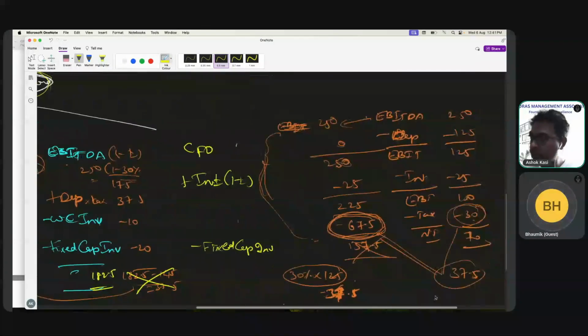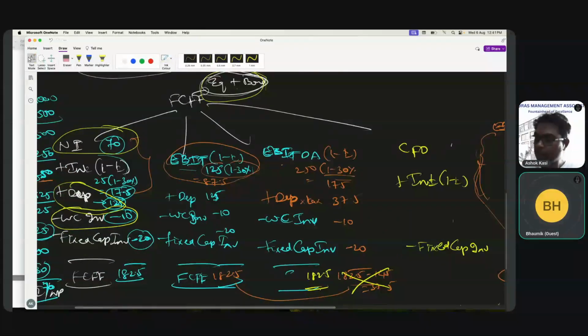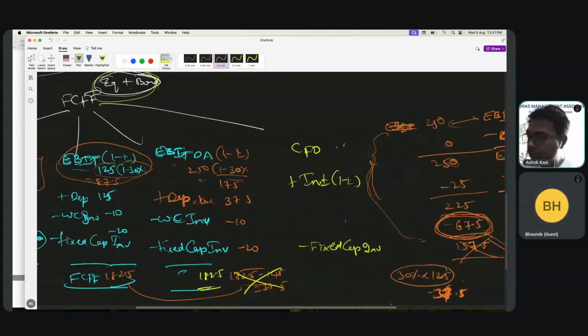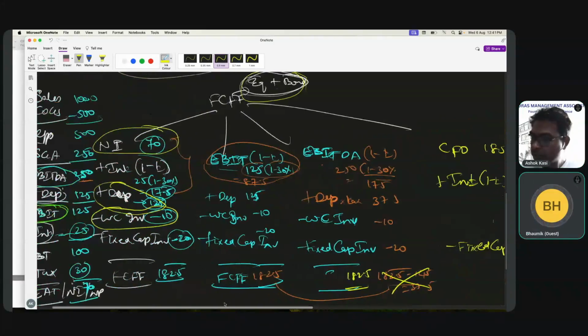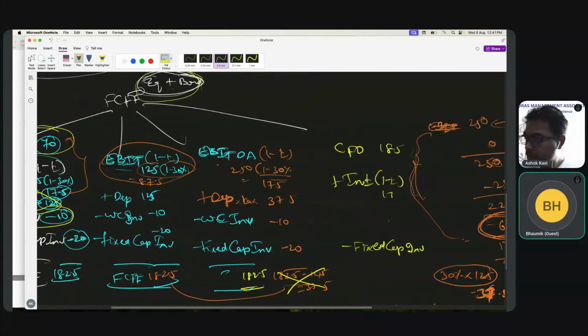How much is that coming to? 70 plus 125, 185. So 185 is my CFO. Interest times (1 minus tax) is 17.5. I will add that, and then 202.5. Minus 20 fixed capital. Calculate all this: 182.5.